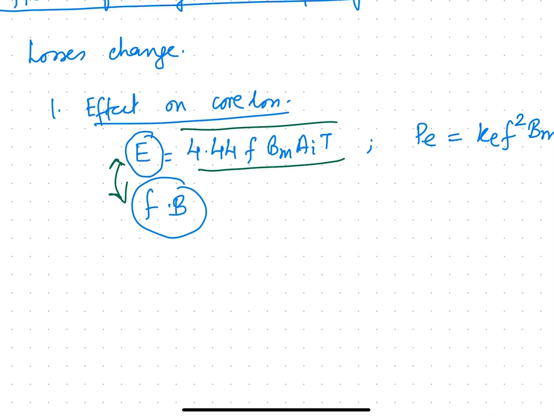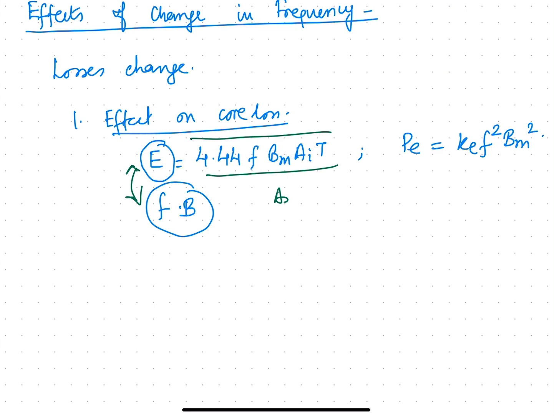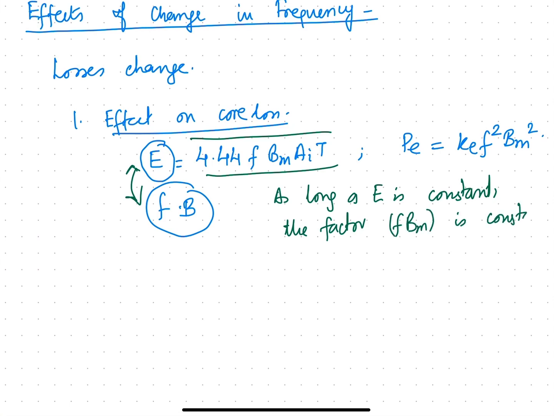So as long as E is constant, the factor f into Bm is constant. So what happens?